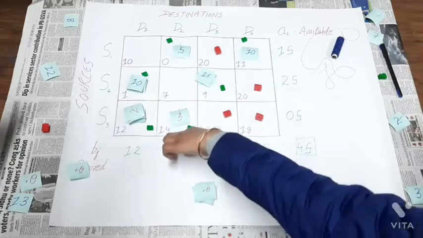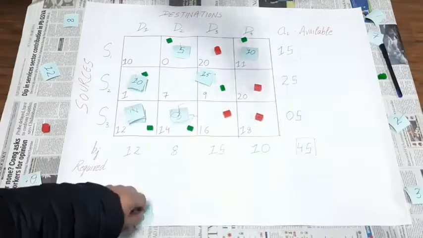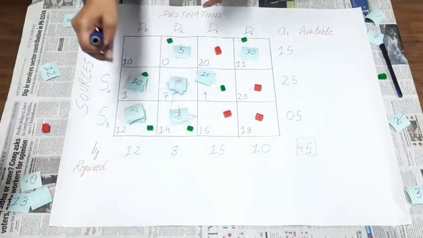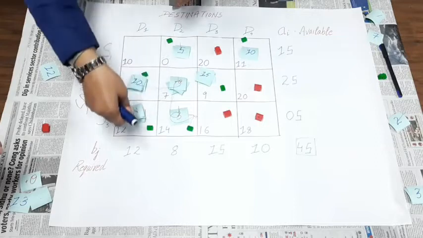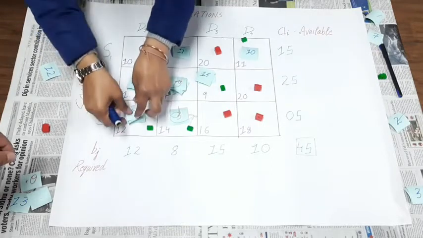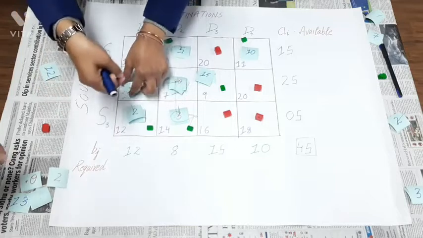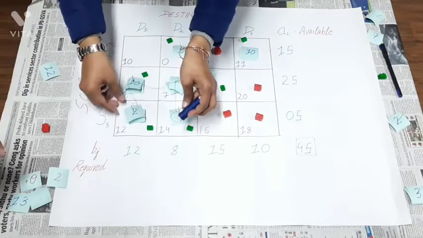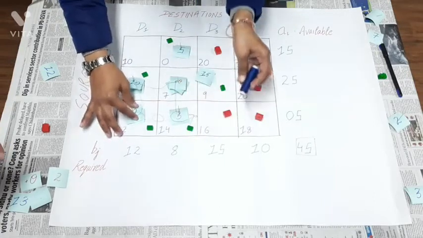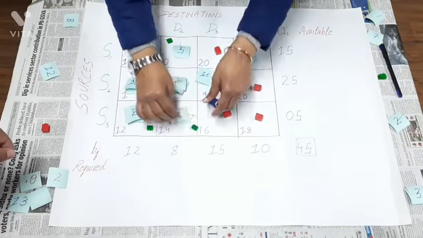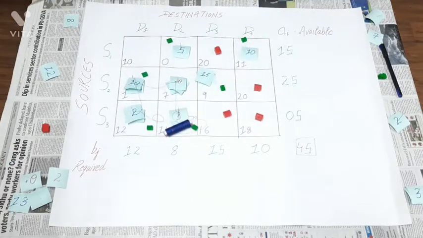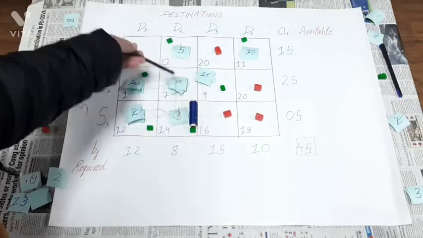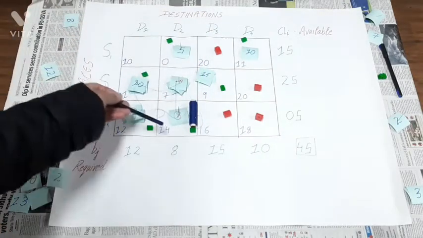So now we will start forming the loop from 14. And we will use this cell where theta will come here and here. And our loop is closed at 3. So this is plus theta, minus theta, plus theta and minus theta.